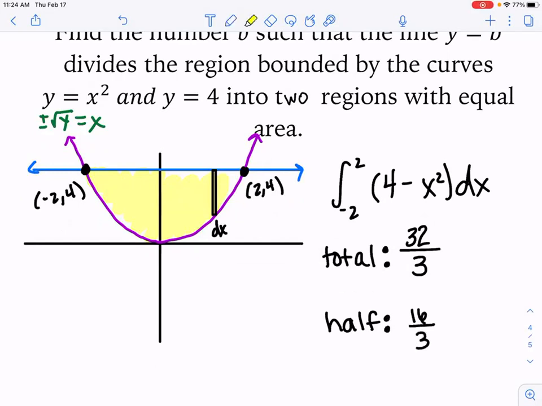Okay. Now let's come back to, we have this y equals b. And it's going to split this into 2 equal pieces. I don't think I drew it very accurate, but whatever, doesn't matter. Okay. So here's the deal.